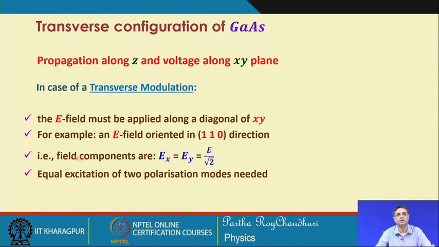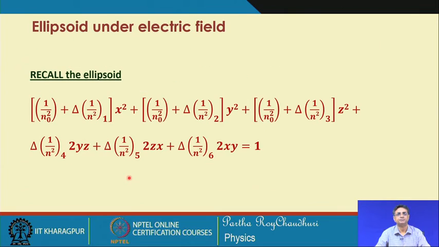So, the electric field components along x and y will be at 45 degree inclination, each E over root 2, which are equal amplitudes. So, equal excitation of the two polarization modes is needed to work with this transverse modulation of the electro-optic system using gallium arsenide, an isotropic material.